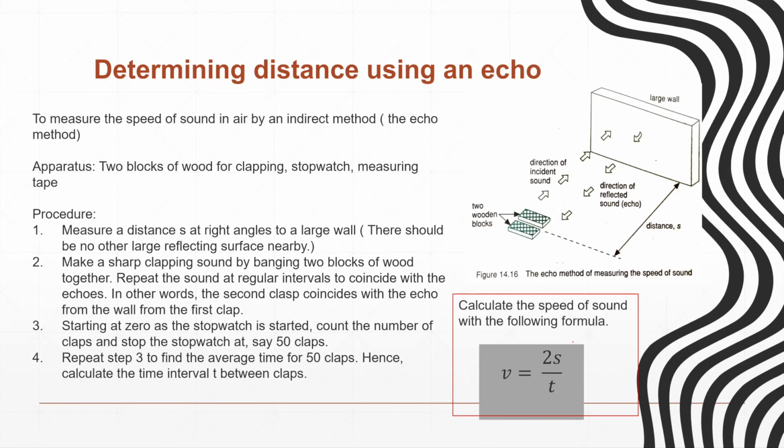If it's an echo question, speed is distance divided by time, but the distance is 2 times the distance, 2 times the height or 2 times the length, etc., because it's an echo. So if they give you a calculation question, you have to take note of whether it's an echo or the direct method.